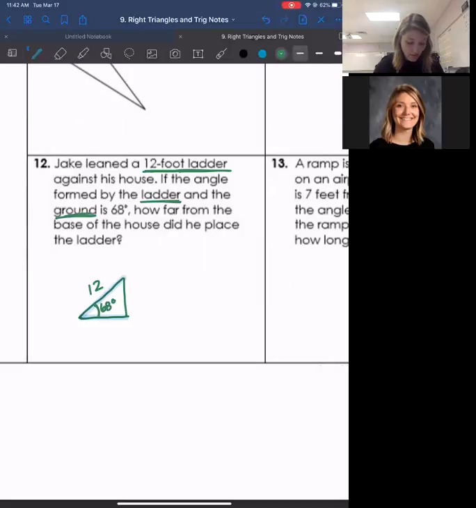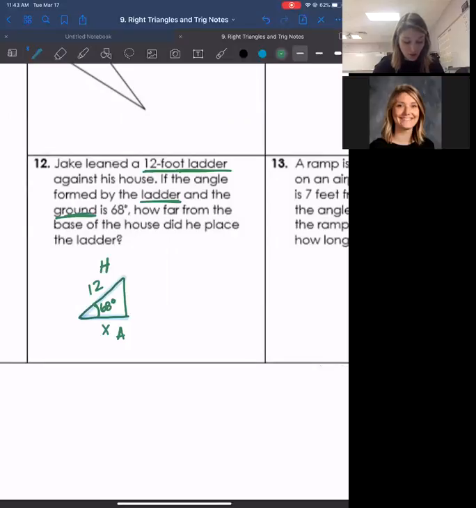And that says how far from the base of the house did he place the ladder? So base of the house is on the ground. The base of the ladder is on the ground. So I'm looking for this horizontal piece here. Then again, you just decide what's the relationship with all those sides to the angle. So the 12 is the hypotenuse. The x is the adjacent. So A and H, that's the ka part of SOHCAHTOA.